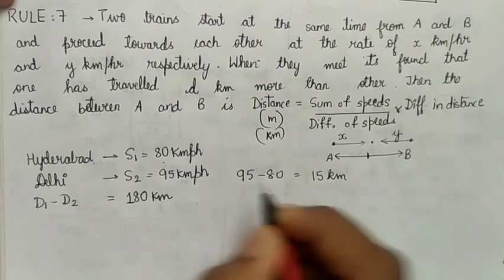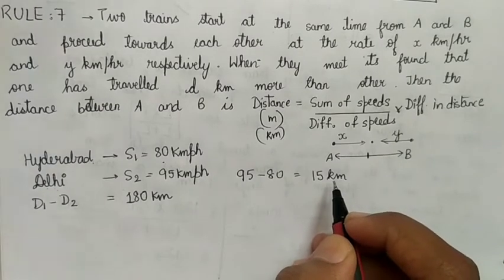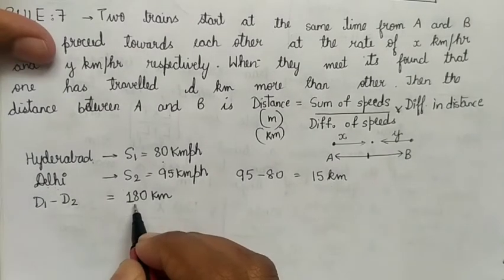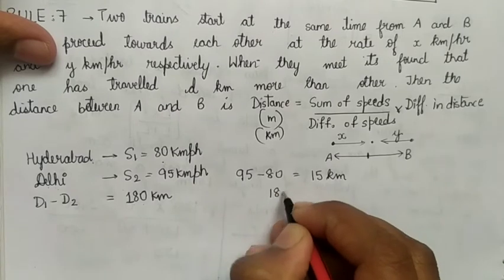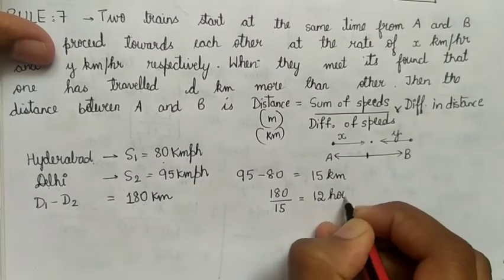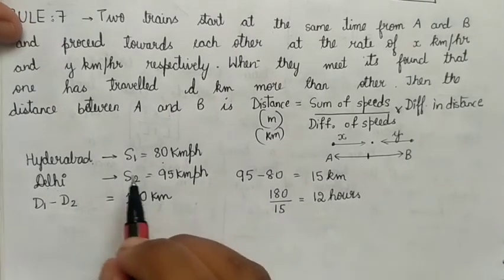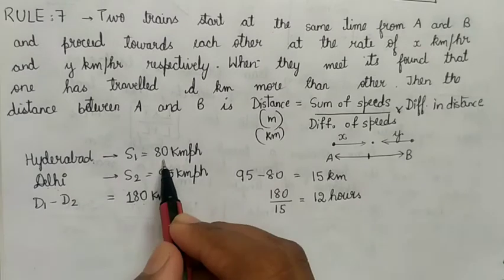So the faster train, the Delhi train, covers 15 km more every hour. In order to cover 180 km more, it will take 180 by 15 equal to 12 hours.